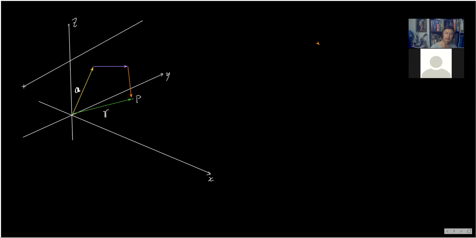So this plane, can we just imagine that the plane has a different color? Can you imagine there is a plane in a 3D space, right?